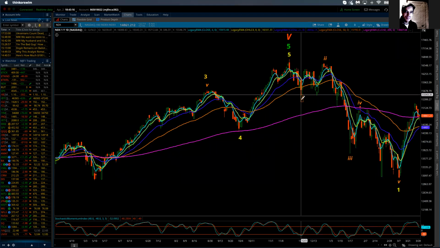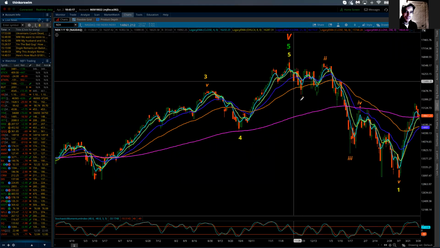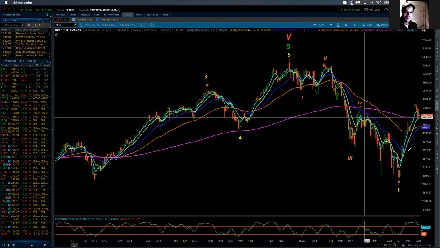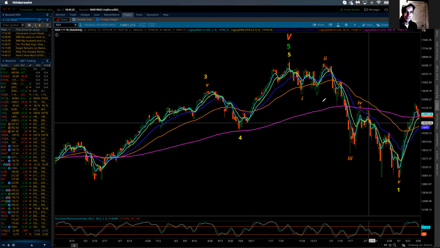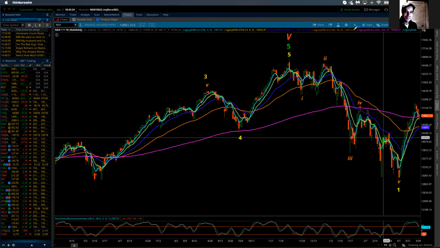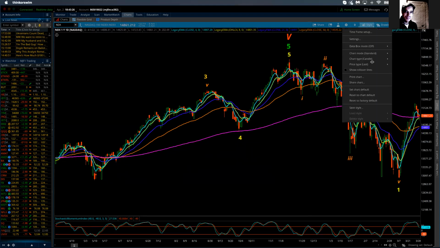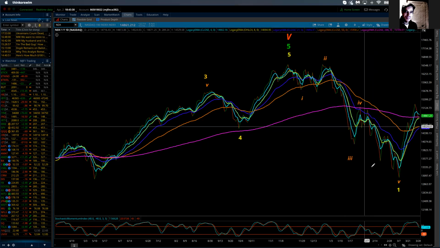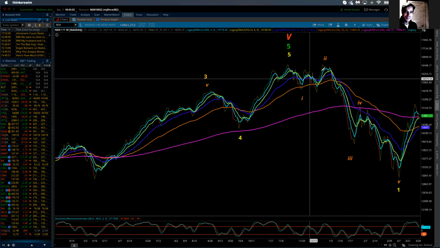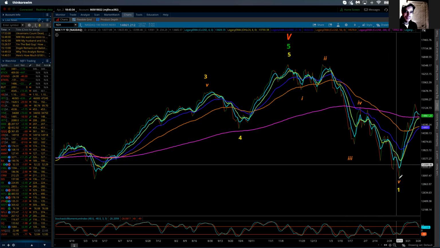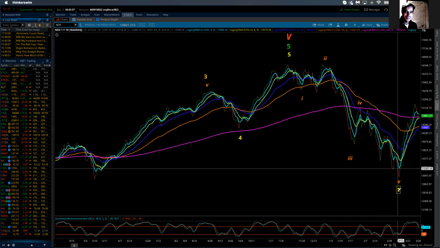So minor degree on a daily chart, 1, 2, 3, 4, and 5. And once again, some of the internal counts really helped when I slipped over and went to the line chart so that I could see how clean it truly was in terms of how it came down in 5 and labeled that 1.